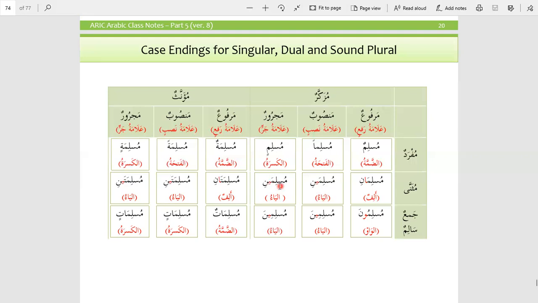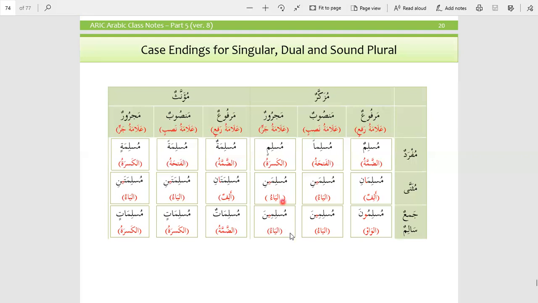You cannot tell by now, but in this case it's either majrurun or mansubun, and you cannot specifically say which. We can only tell whether this is majrurun or mansubun with respect to the context it is used in.